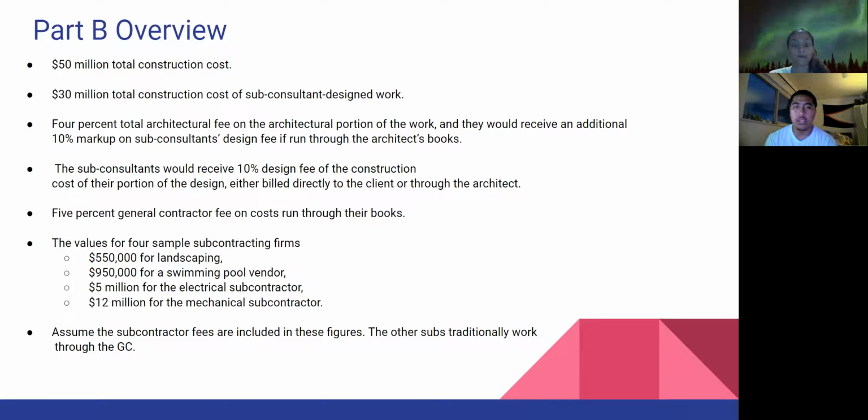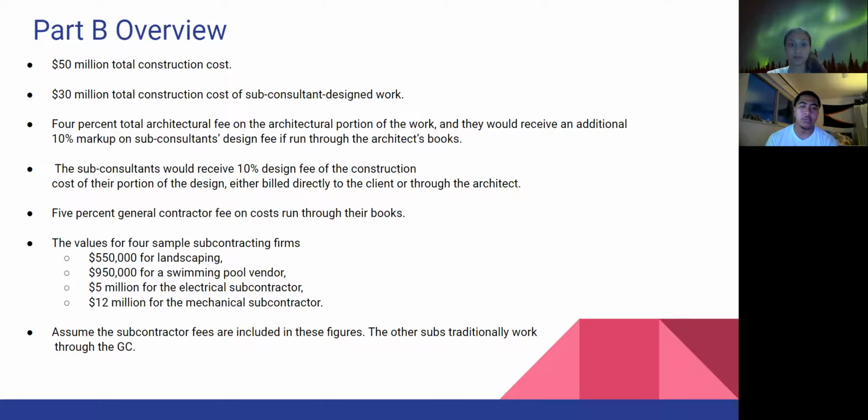So the total construction cost would be $50 million, and of that $50 million, the cost for sub-consultant design work is $30 million. There is 4% total architectural fees on the architectural portion of the work. And if the subconsultant design goes through the architect and then to the owner, which would be the traditional route, there will be a 10% markup.